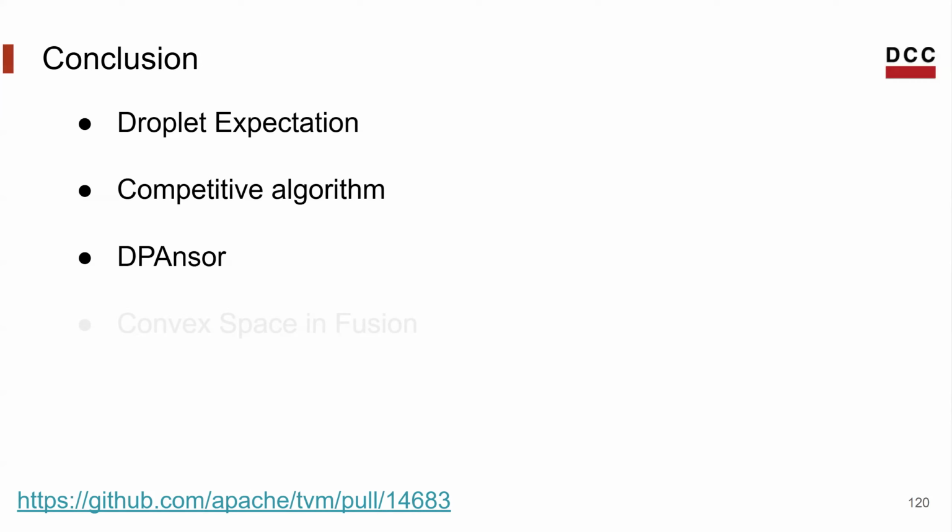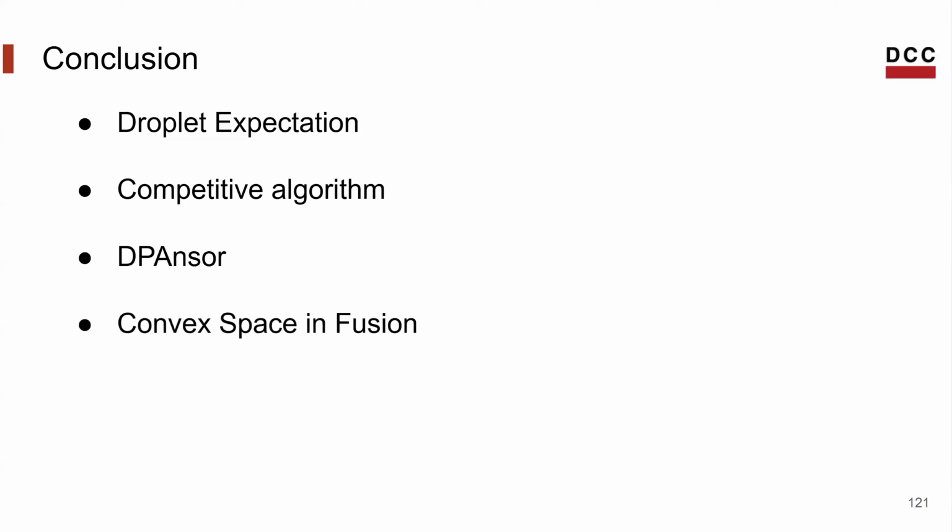We have created a PR to TVM about the P-answer, and we already have a proof on the project. We are waiting for the merge to TVM in the future. This synergy between our heuristic and convergence algorithms like Droplet Search has the potential to speed up the optimization process, making it a contribution to the field of neural network optimization.